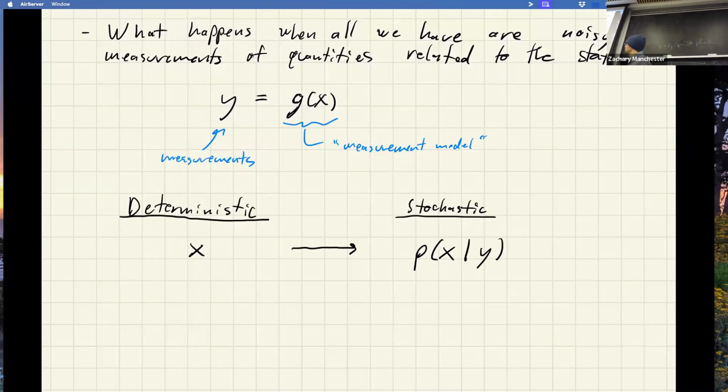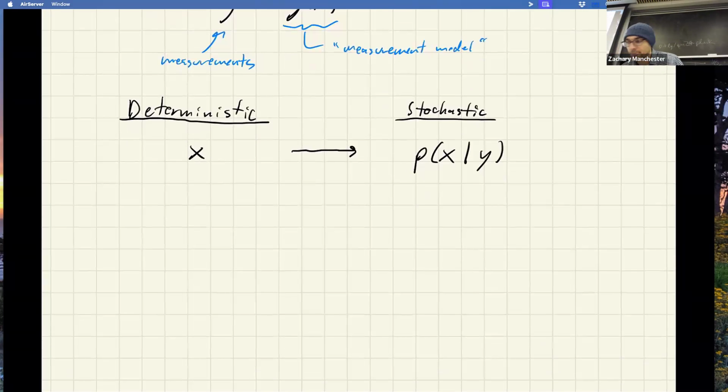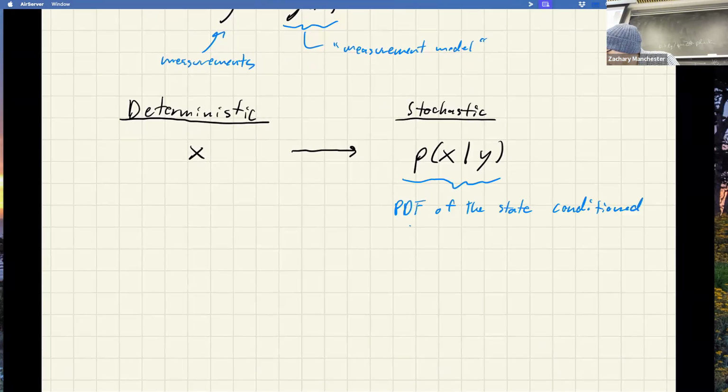We're going to try to compute this, and figure out how to control not just a state, because we don't know it, but in fact how to control this distribution in a way that's reasonable. That's the setting of stochastic control. So this is the probability distribution function of the state conditioned on the measurements.